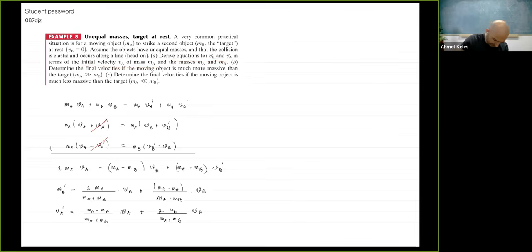If you set VB equal to 0, then VB prime is equal to 2MA divided by MA plus MB times VA, and VA prime is equal to MA minus MB divided by MA plus MB times VA.